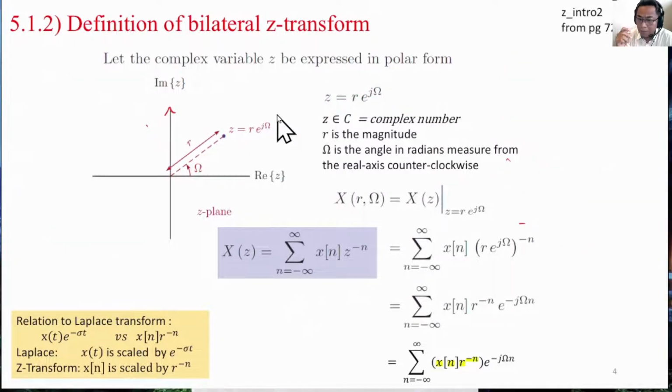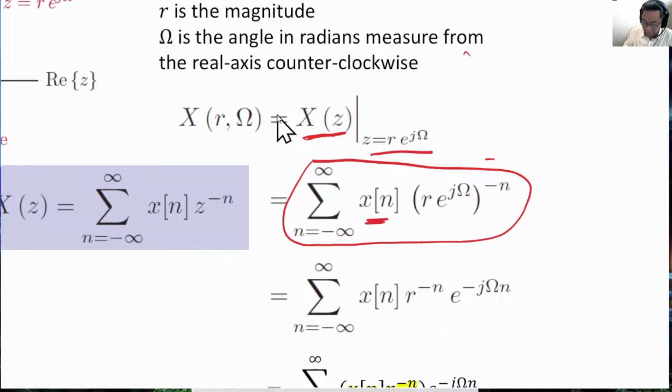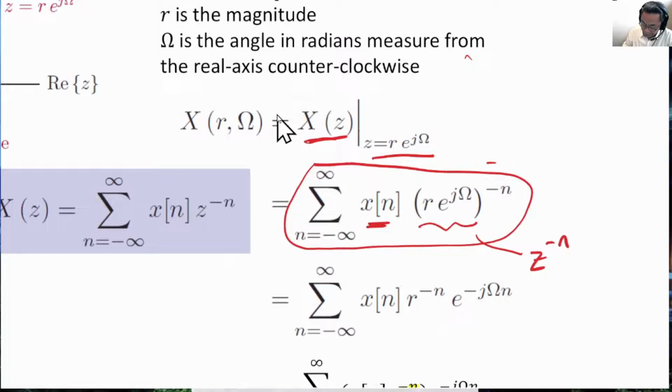Now we're going to manipulate this equation a little bit. For different z, z is r e^{jω}. If we substitute it into the expression of the Z-transform, which is the input multiplied by z, and remember, it is not z but z to the power minus n, and we represent z as r e^{jω}, we can open up the brackets to distribute.